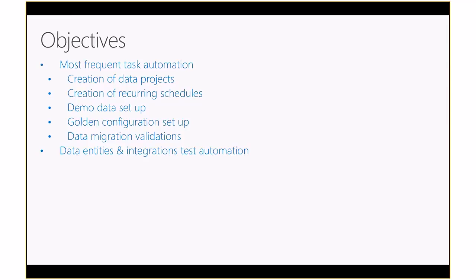For large projects, it is very typical to see 50 to 100 data projects that teams end up creating. If they have not found creative ways to automate that, they end up doing that manually, so there is a lot of time that teams spend trying to do that.